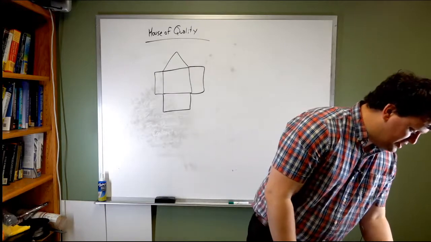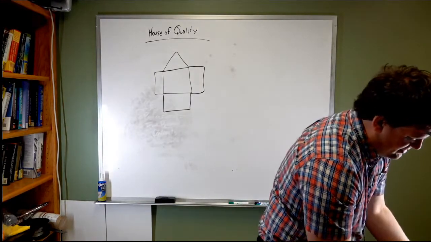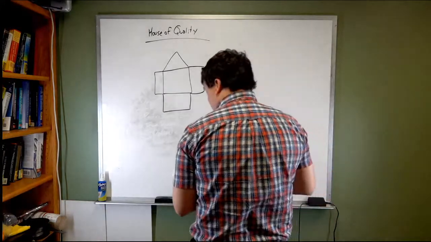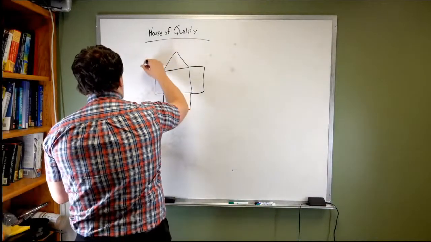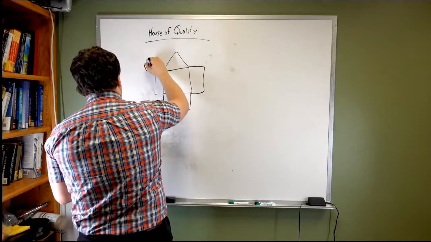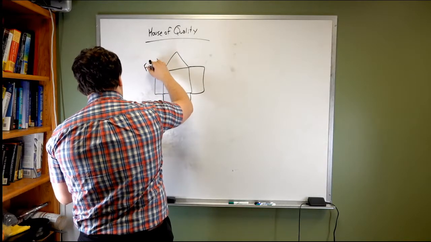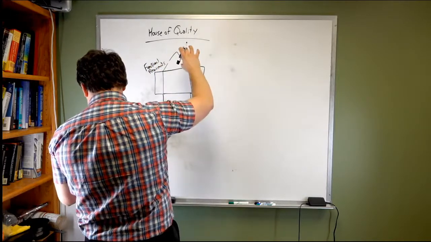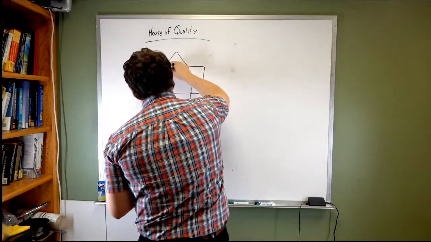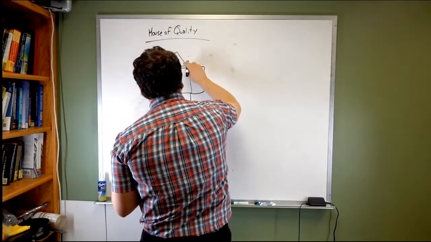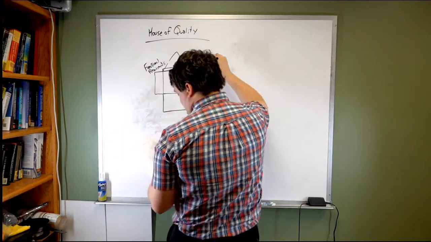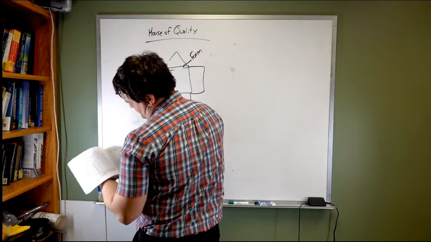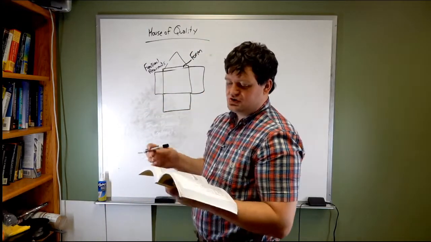But the house of quality is generally built like this. Here you have your functional requirements. On this row right here, which goes right underneath the triangle, this is all of your form, which are the ways that you accomplish the functions.